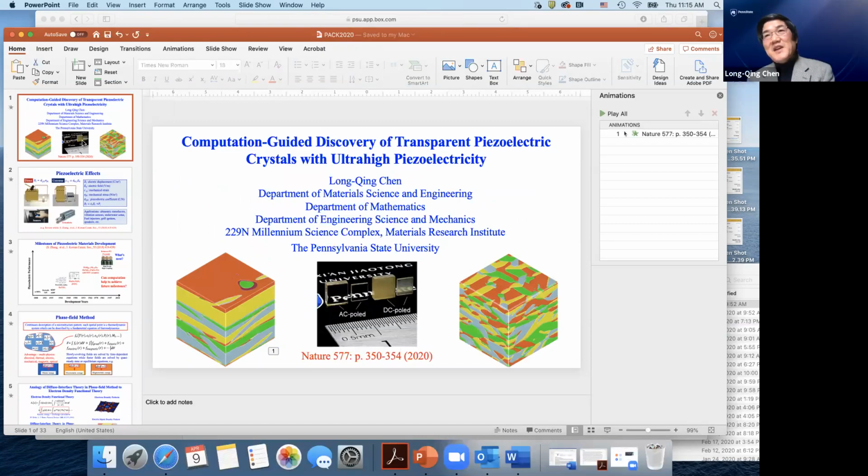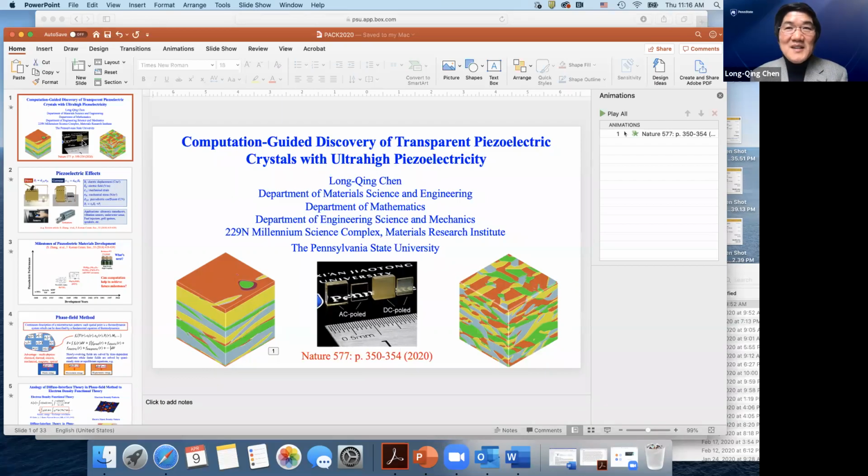For this phase field model, we can actually address different spatial scales, really depending on the problem. No, I meant with these transparent piezoelectric crystals. Yeah, so here we're still doing pretty small regions. Each numerical grid represents a couple of nanometers. So the whole size is still on the micron scale. Ah, okay. So still a lot smaller than the experiment.